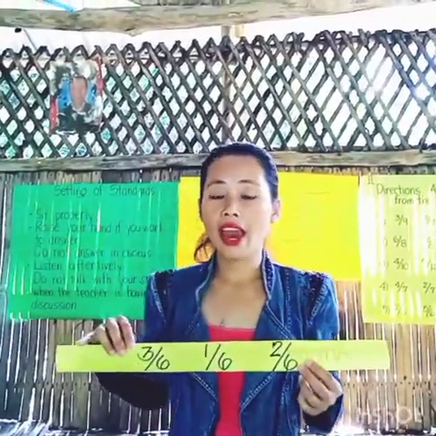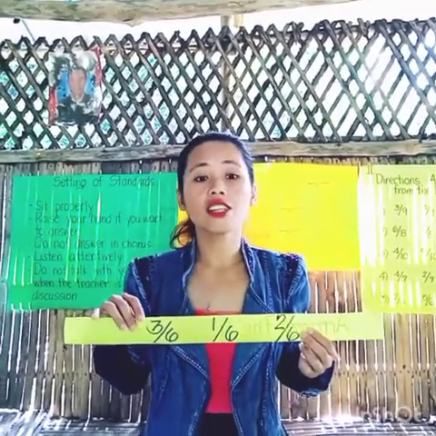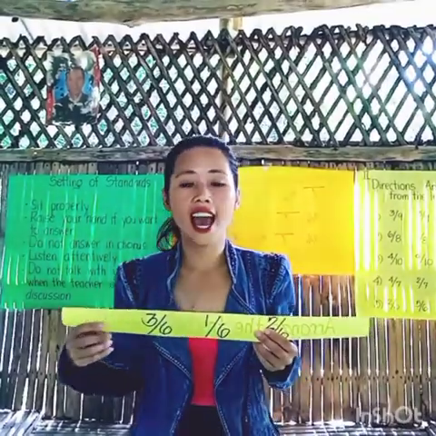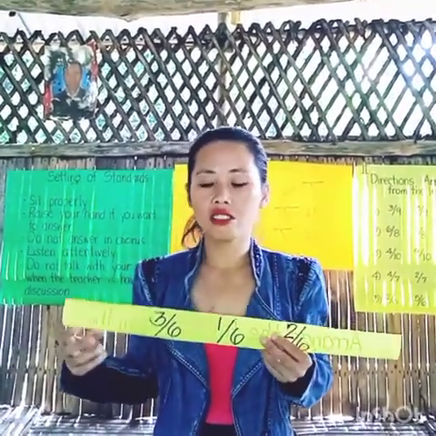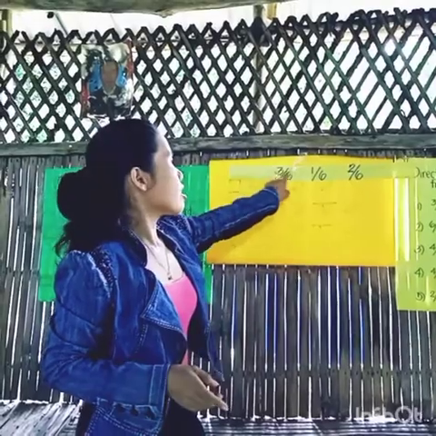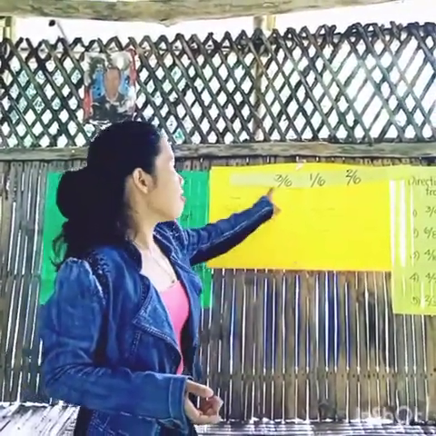We can compare similar fractions by comparing their numerators. The fraction with a greater numerator has a greater value.